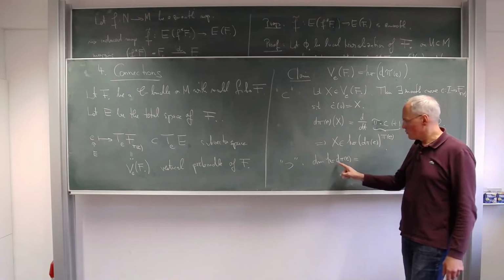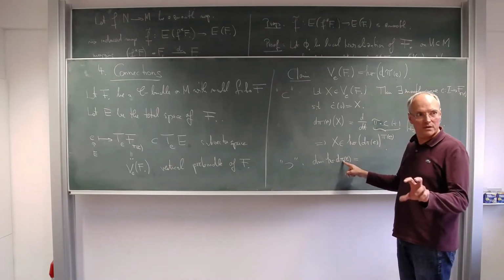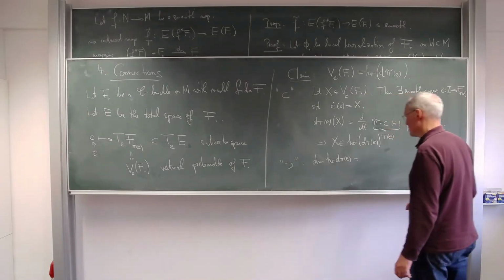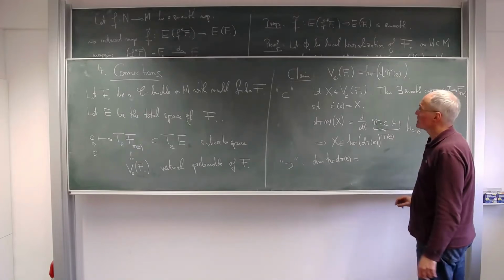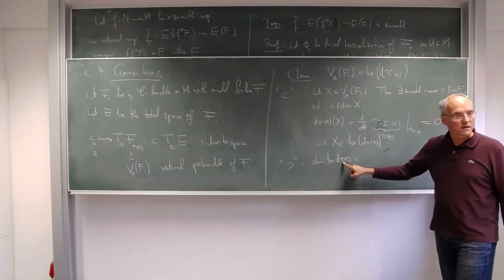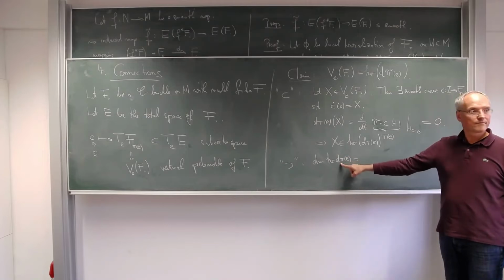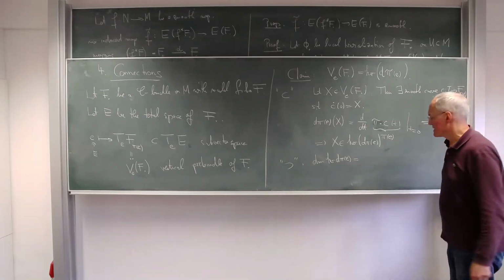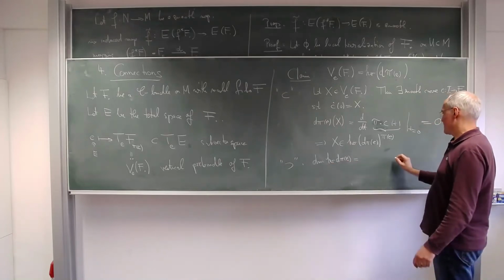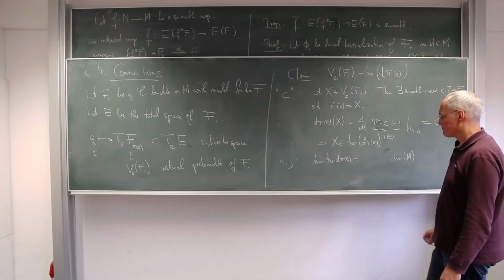That means the rank of this linear map is given by the dimension of the target space. What's the target space? Where does this linear map land? The tangent space of M, exactly. So the rank of this map is the dimension of M, exactly.